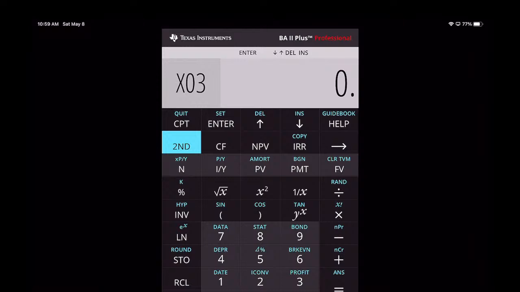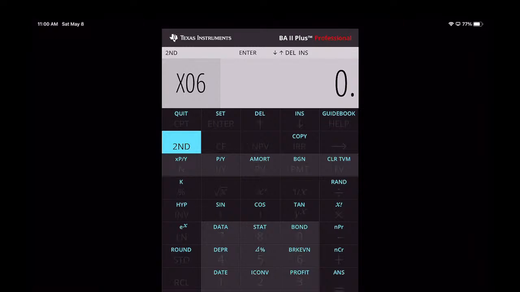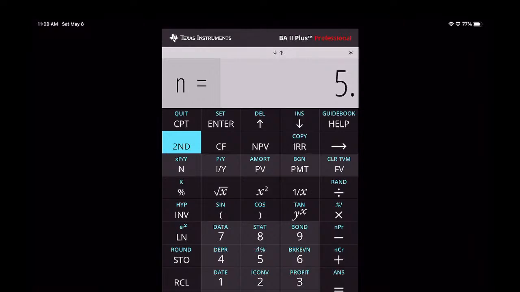I must have erased it. So 10.9, 12.6, 10.2, 15.2, and 11.1. Then I ask for stat and go down. I still want to see what I have in my data. It's all there, right? It's all here, 12.6.